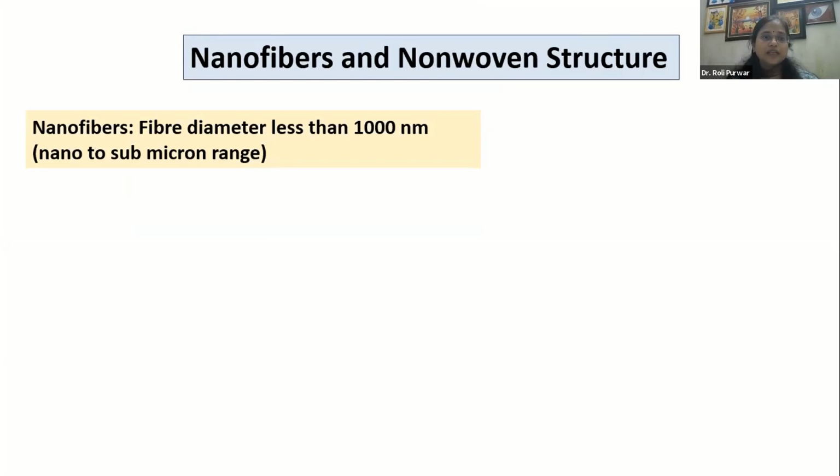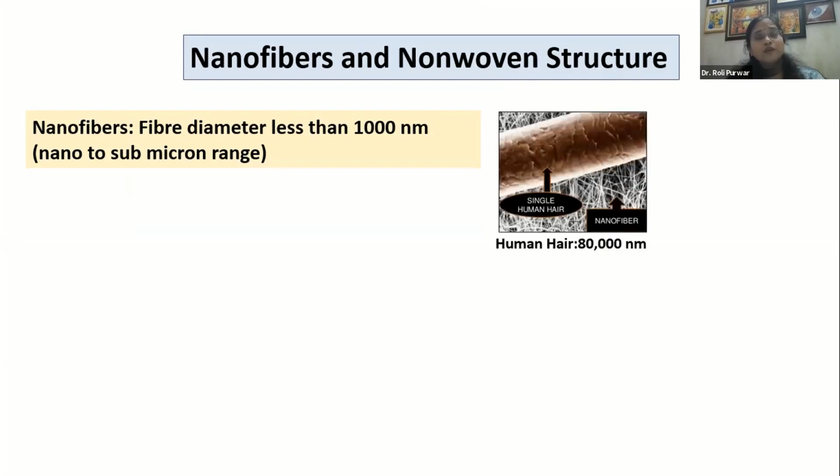When we talk about nanomaterials, we say a nanomaterial has a dimension of less than 100 nanometers. But in the case of nanofibers, the diameter is less than 500 nanometers. Nowadays, people are saying that this comes under the category of nanofibers.